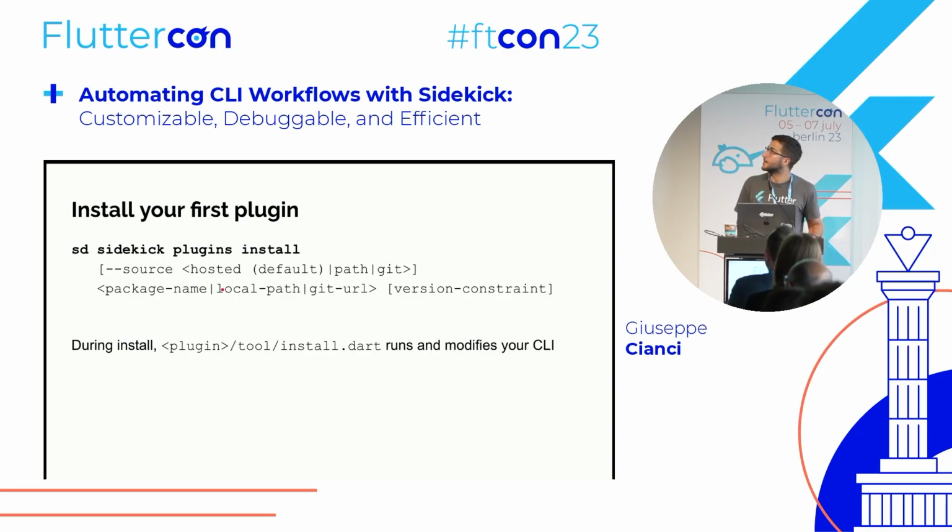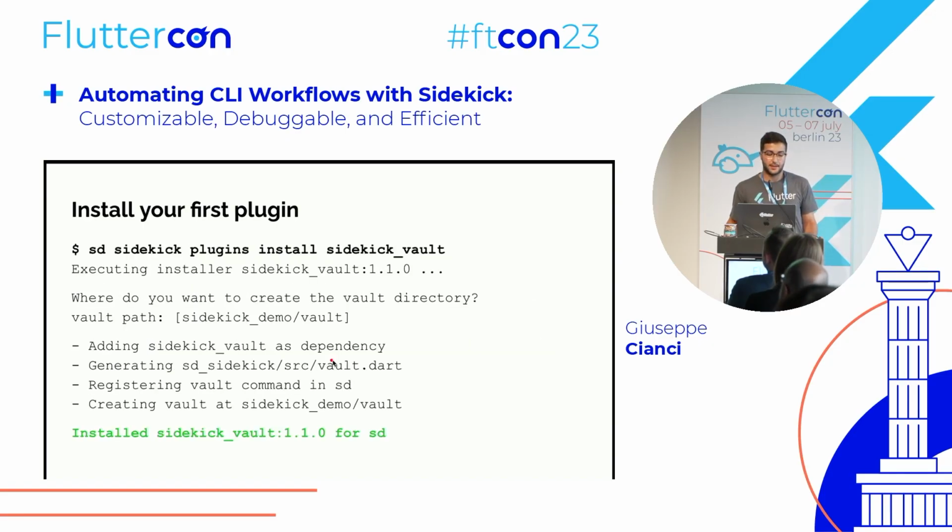And what happens when you run this command is that each plugin has an install.dart script, which will then be called by the plugins install command, and this install script modifies your Sidekick package. It can do anything the plugin developer wants it to do, so it can modify your CLI, it can add new commands, register new commands, it can modify existing code in your CLI, add imports, anything's possible.